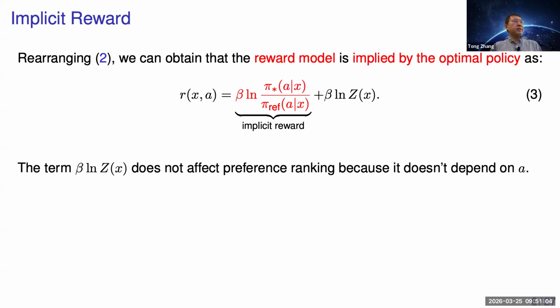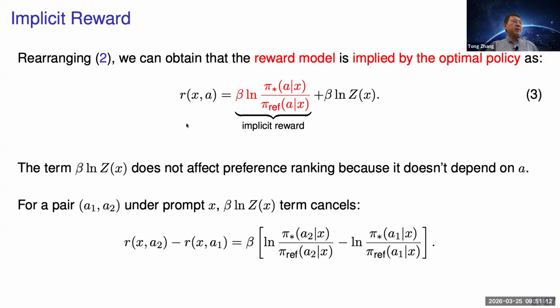Okay, so let's go ahead. The term does not affect preference ranking because it doesn't depend on A. More explicitly, if I have a pair A1, A2 under problem X, this term cancels when you take the difference. So basically, you want to say which one is larger, the reward of A2 or the reward of A1.